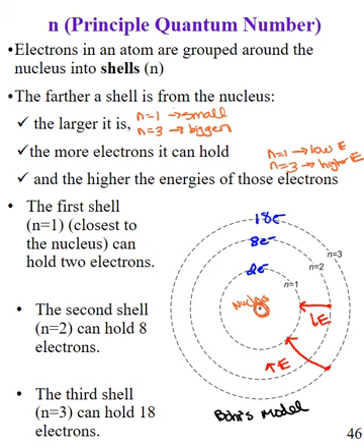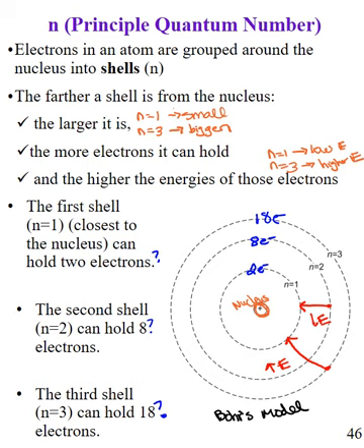But how do they know that? How do they know that the second shell holds 8 and the third shell holds 18? This is actually really interesting in my opinion. We're going to learn about the organization of an atom through these quantum numbers.